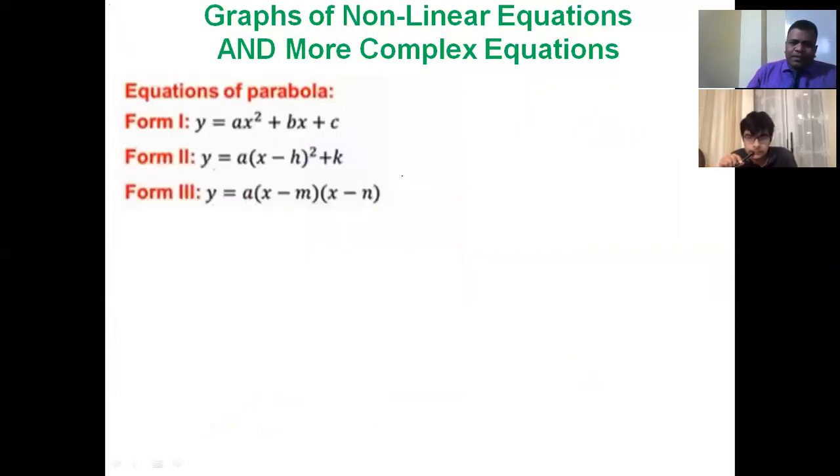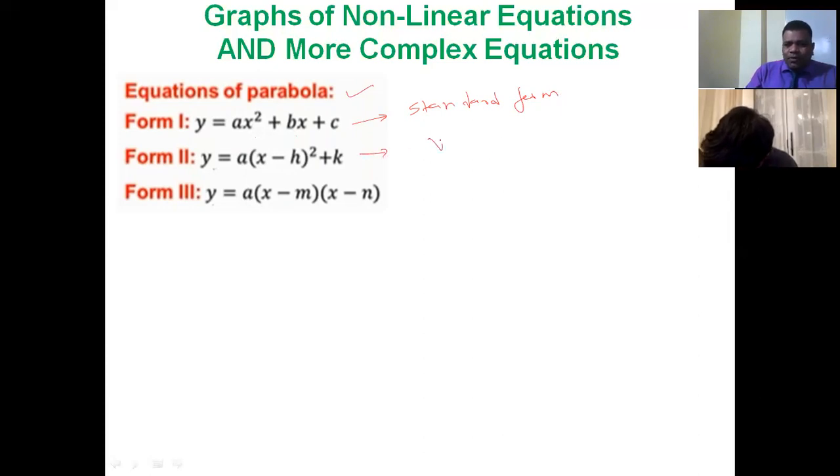Now, the parabola we are going to discuss in three standard formats. One is form 1: y equal to ax square plus bx plus c. This is called the standard form, or we can say the equation form.